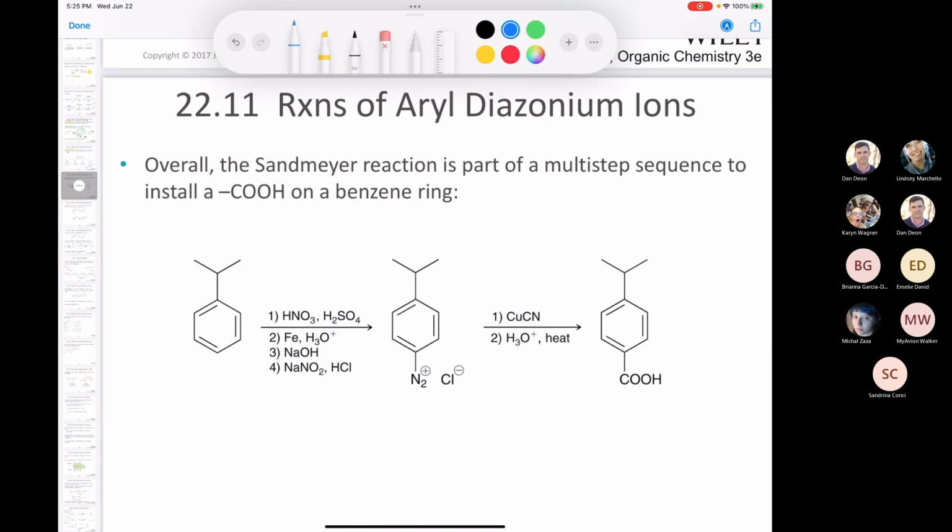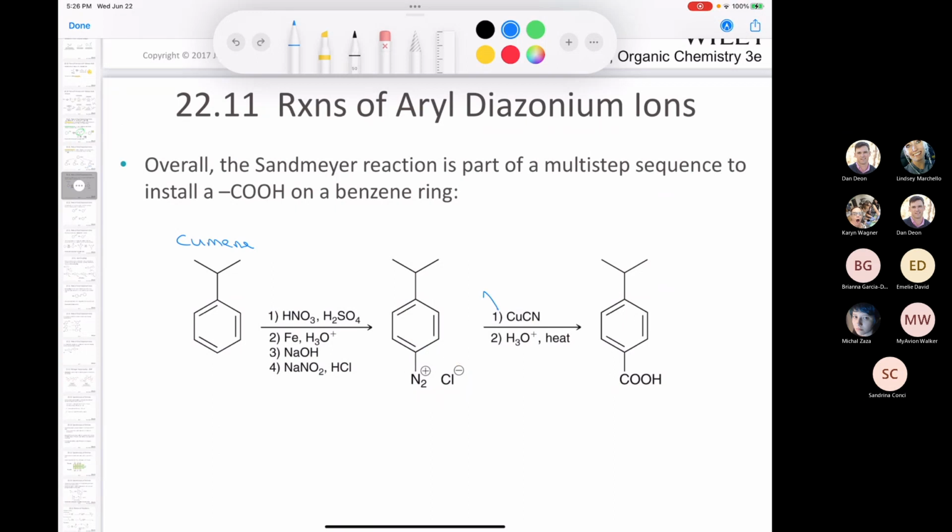All right, let's say you have this molecule here. This is called cumene, or isopropylbenzene. Cumene is the common name. If you take cumene, you nitrate it in the first step. So you have the nitro. Then you reduce it with iron and aqueous acid, treat it with sodium hydroxide. That's going to give you the amine. Then you diazotize with sodium nitrite and HCl, and that gives you the aryl diazonium salt.